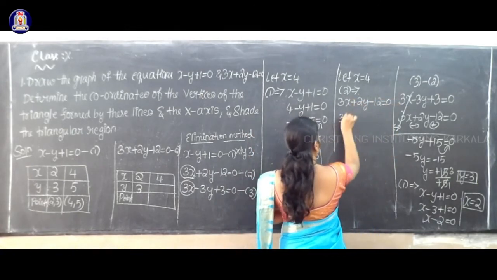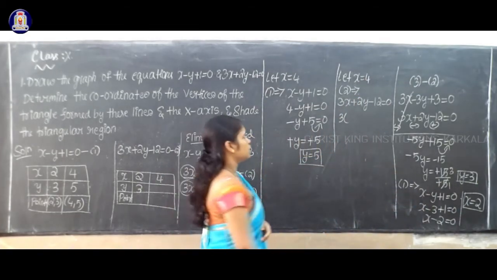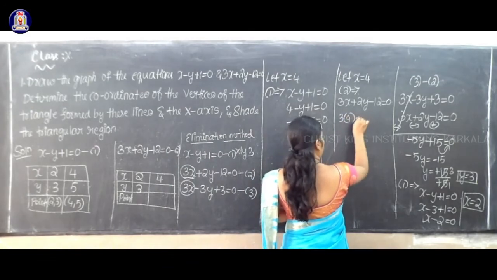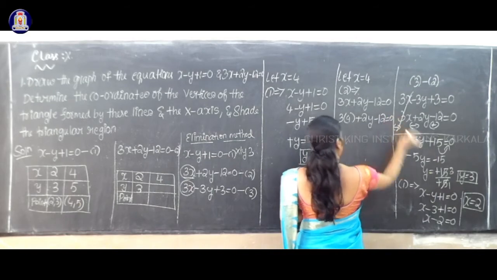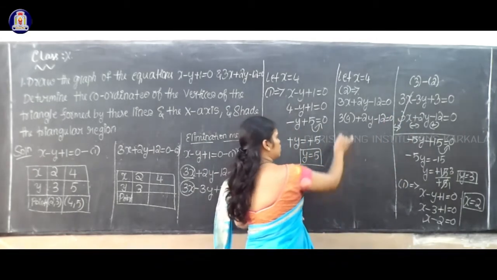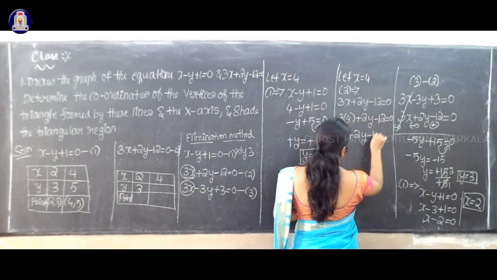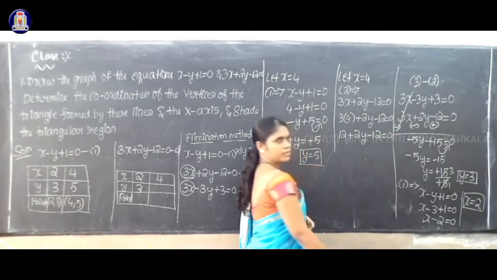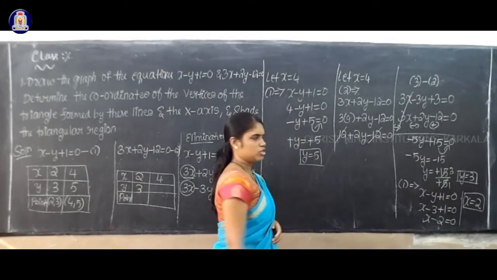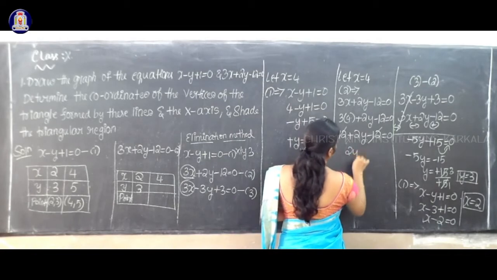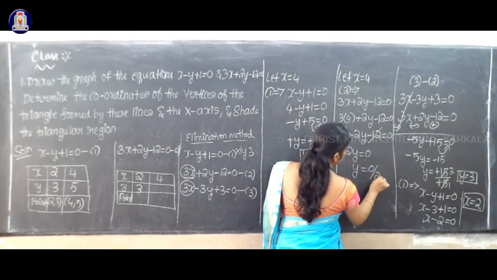So 3 into 4, in the place of x I will substitute 4, and 2y I will write as it is, minus 12 equal to 0. 3 fours are 12, so 12 plus 2y minus 12 equal to 0. Plus 12 and minus 12 get cancelled. So 2y is equal to 0, therefore y is equal to 0 by 2.